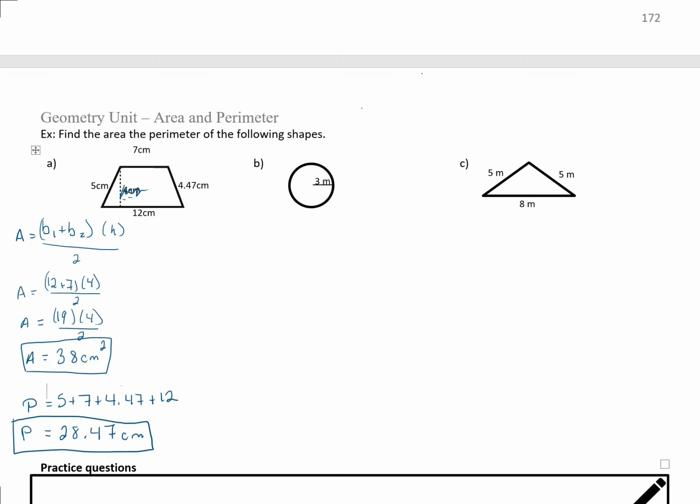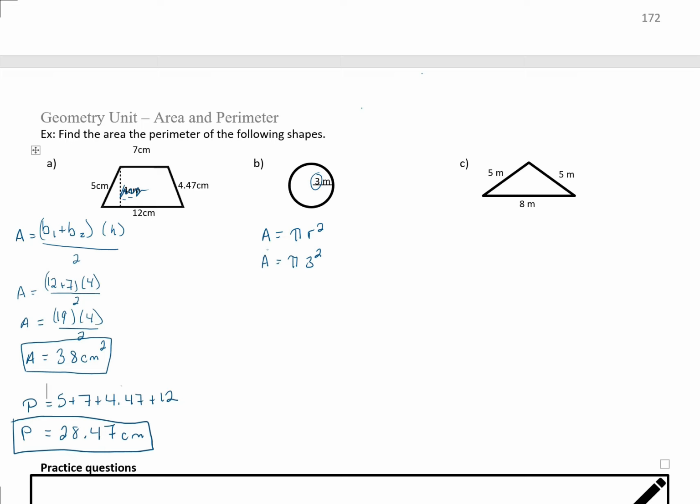Let's take a look at the circle. We need the area and the perimeter, which for a circle is called the circumference. So area is pi r squared. Remember, r is our radius, and we have a radius of 3. Pi times 3 squared. And you could do 3 squared first, or you could just type it in a calculator like this.